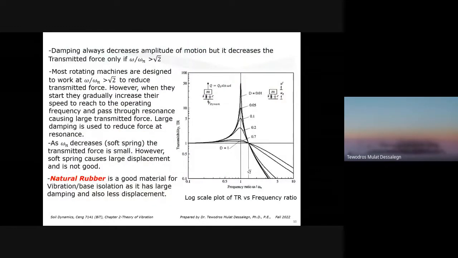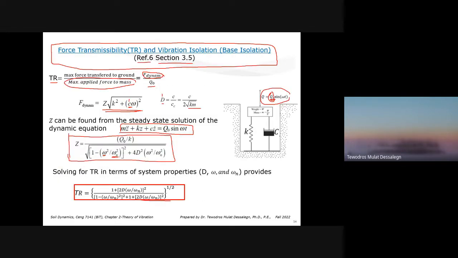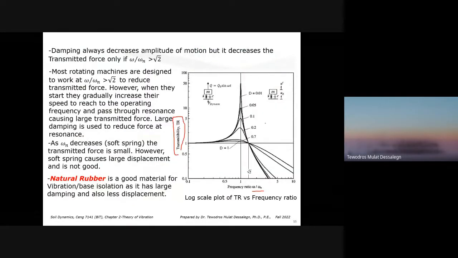So let's see the plot of the transmissibility: TR versus frequency ratio. We know the equation. If you take omega by omega n as a variable and plot it for different values of damping, this is what you observe.